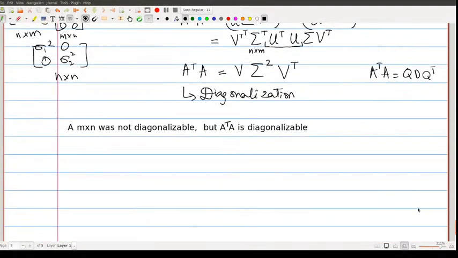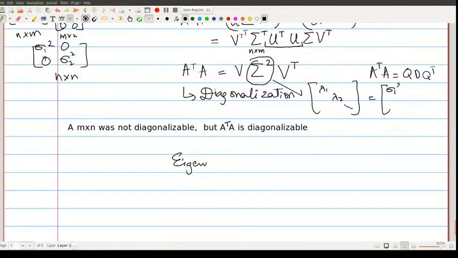And so what is this? What are these V's? These V's are the same as the one we had for A, but what about this sigma squared? If this is a diagonalization problem now, then you will have the eigenvalues lambda 1, lambda 2, and so on, but these are now the same as sigma 1 squared, sigma 2 squared, and so on.